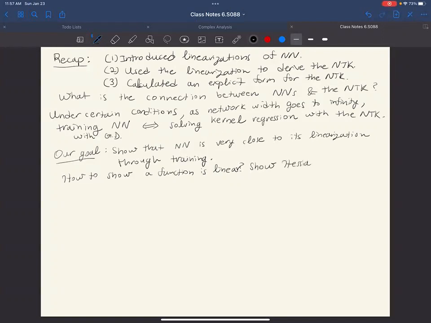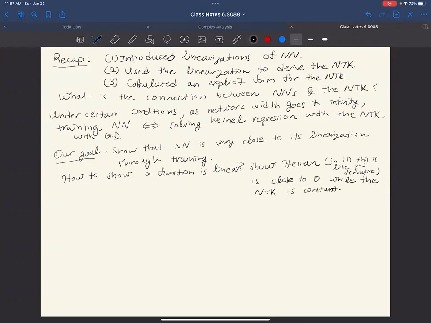So here we will show the Hessian in 1D, this is like the second derivative, is close to 0, while the NTK, or this gradient, is constant.